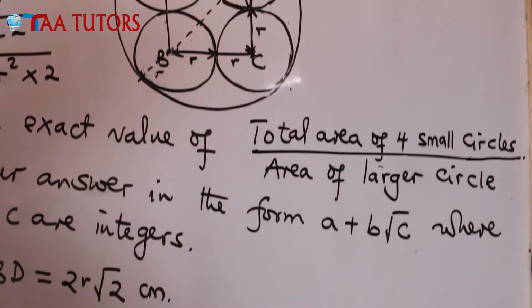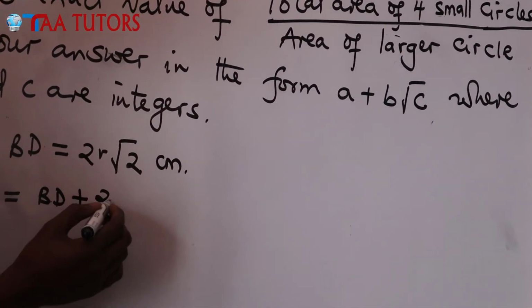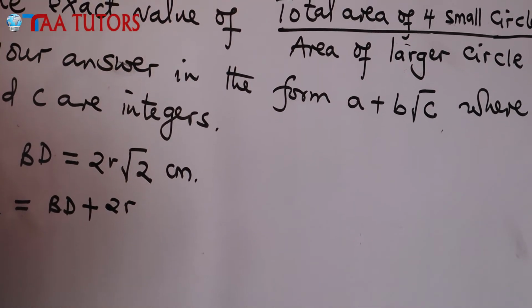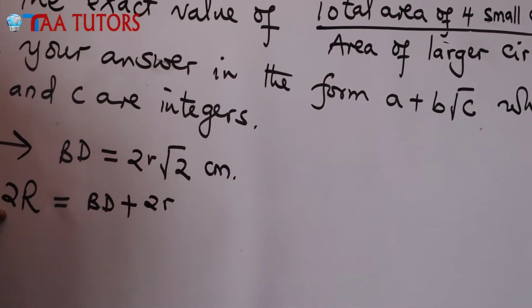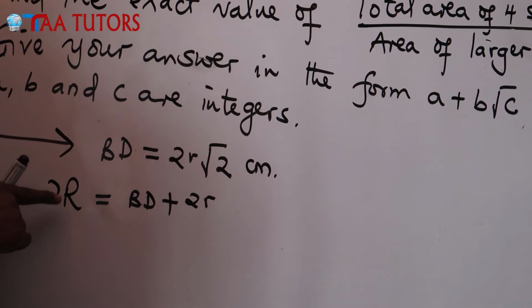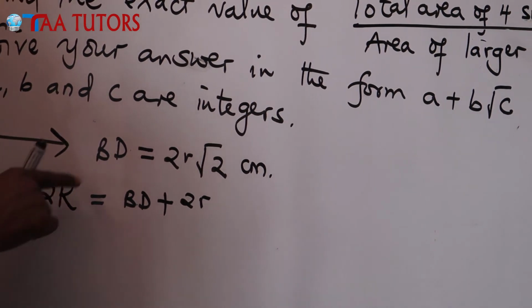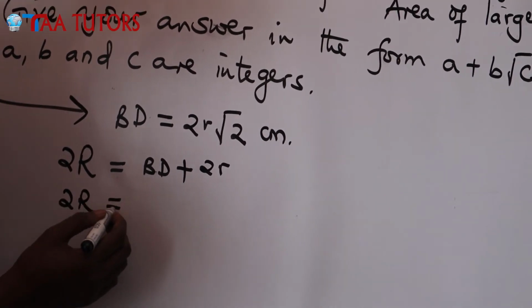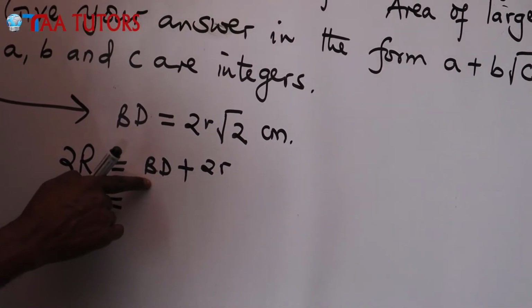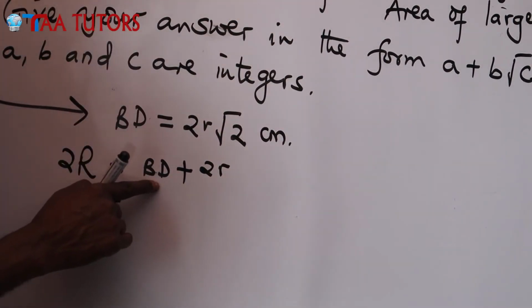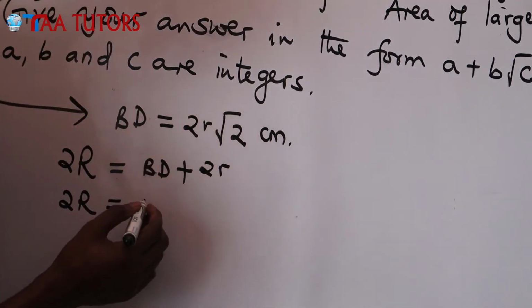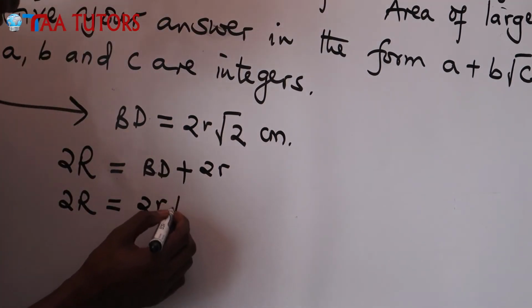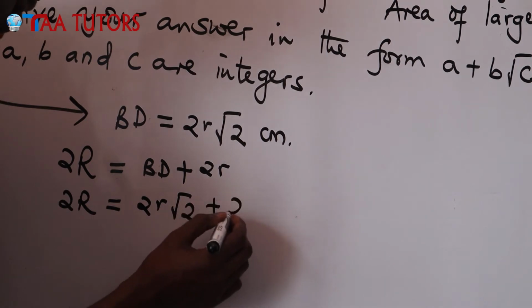So the diameter is BD plus 2r, which is 2r surd 2 plus 2r.